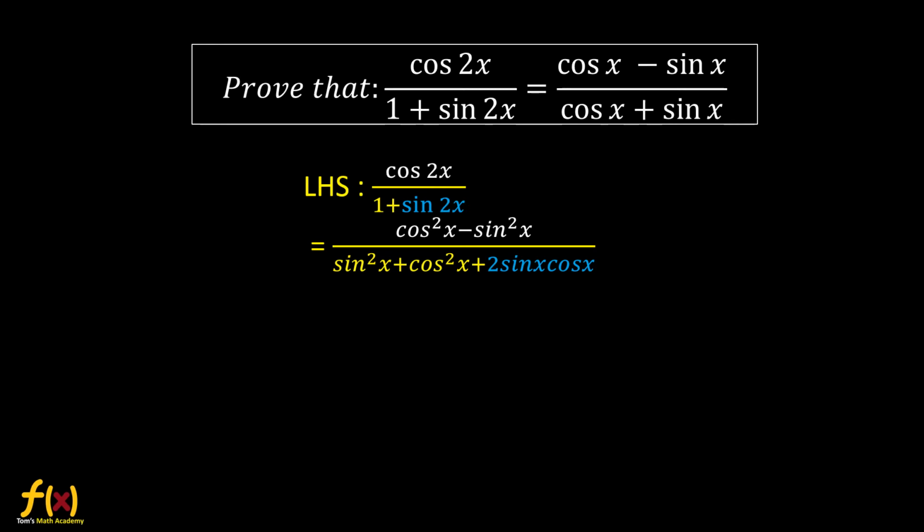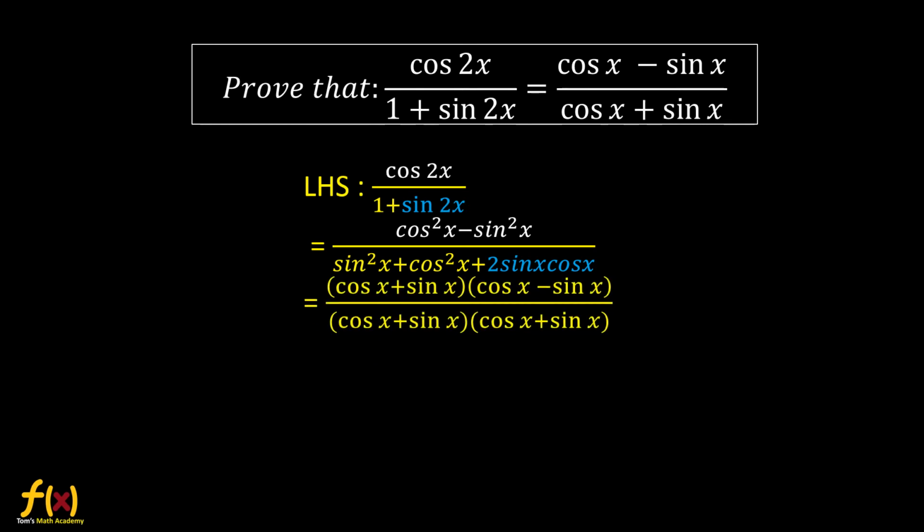And what is sin 2x? That is 2 sin x cos x. We have the double angle formula on the formula sheet. Then what can we do? We can factorize the numerator and again the denominator.